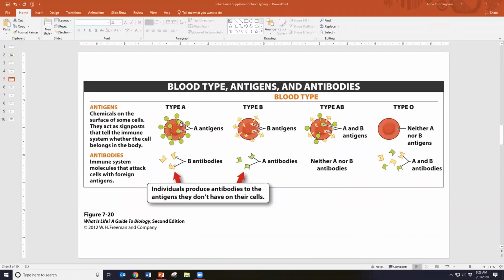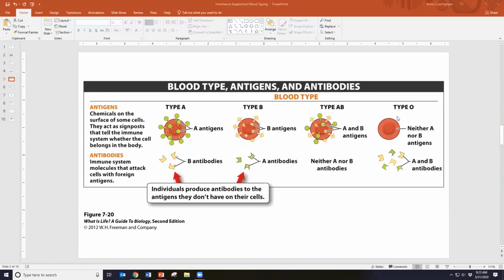If you have type A, you would have A antigens on the cell surface. If you have type B, you have B antigens on the cell surface. If you have type AB, which remember, is a codominant phenotype, that means you would have both A and B antigens on the cell surface.